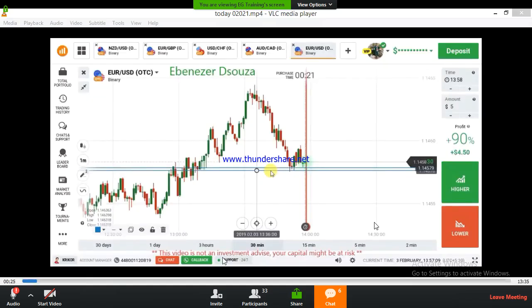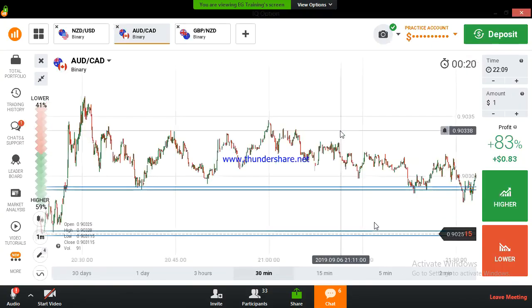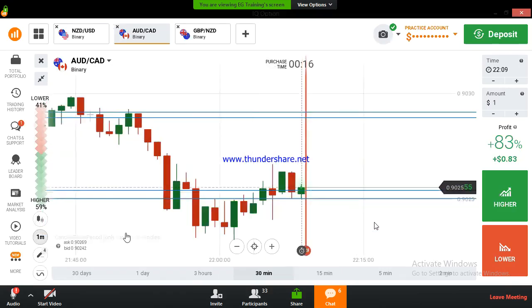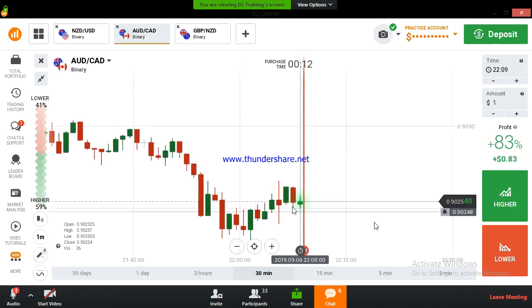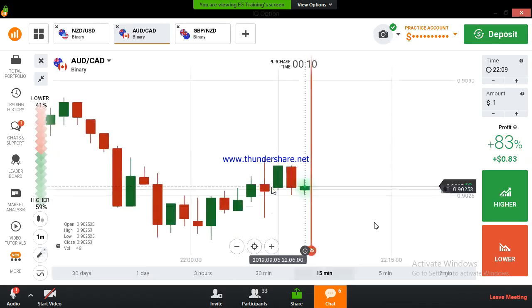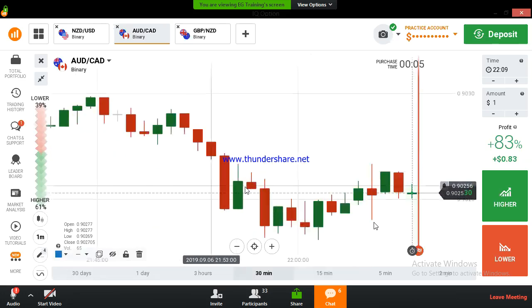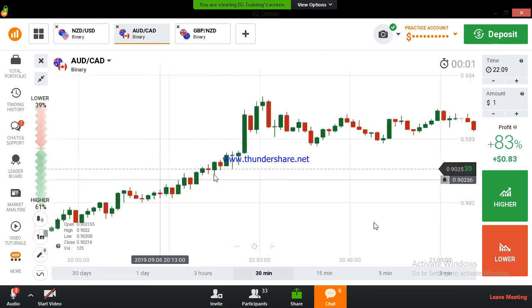Just wait. Okay, this is the price bar. We are seeing a price bar at the reversal point. There is a reversal point, and near this reversal point, and here also there is a reversal point. Here also there are some reversal points.